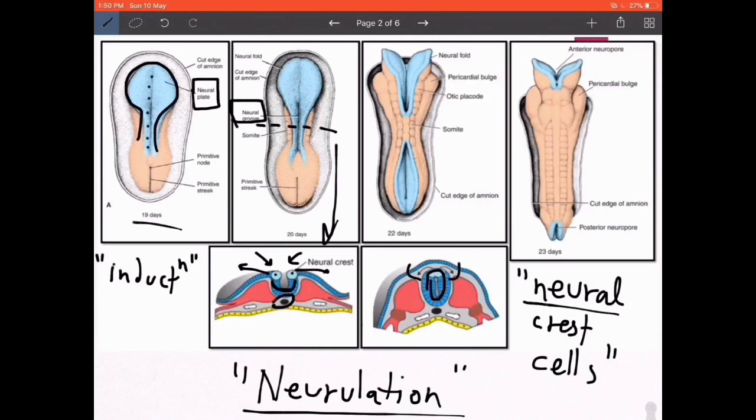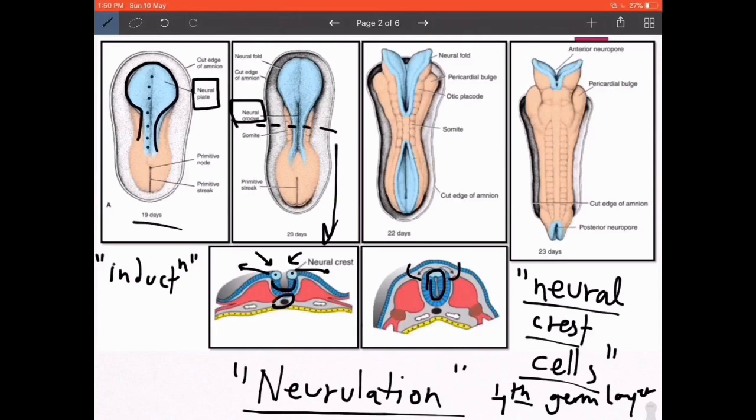Just know that these are cells that migrate to certain parts of the body, and some embryologists in fact have started calling it the fourth germ layer because the contribution of the neural crest cells is extremely significant.